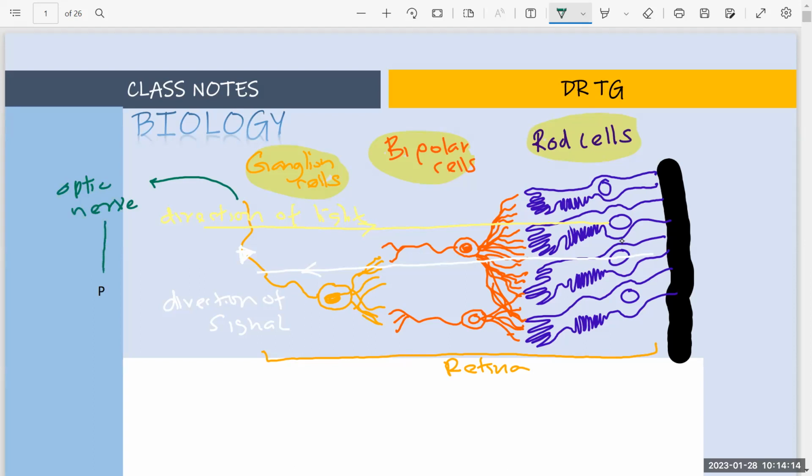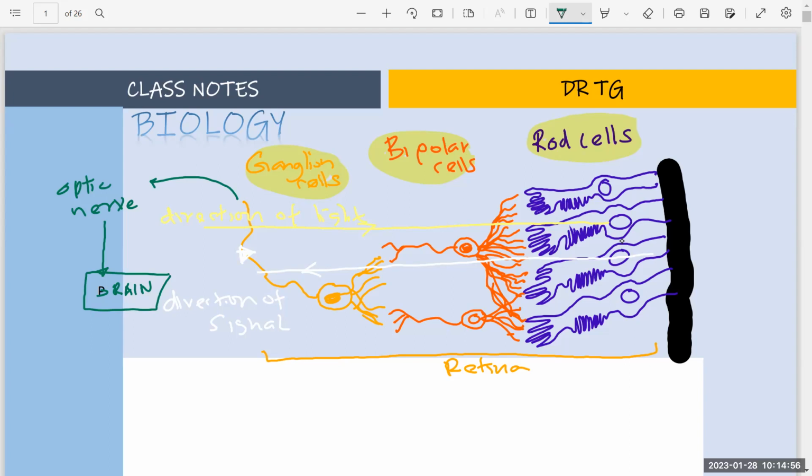So the optic nerve moves into the brain. Many ganglion cells merge to form the optic nerve, and the signal passes through the optic nerve. So this is the pathway connecting the receptors of the eye with the brain.